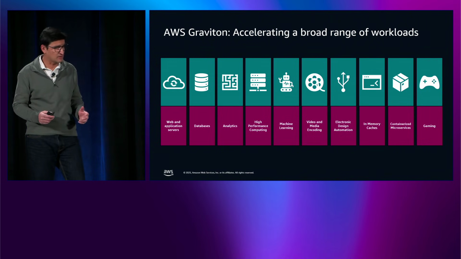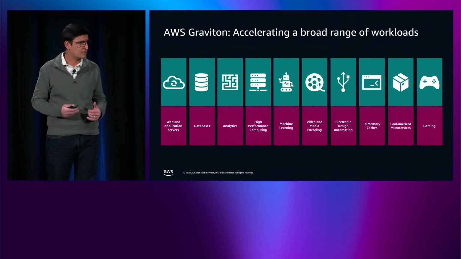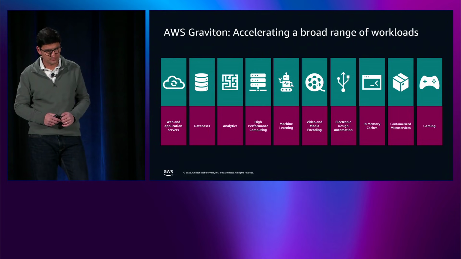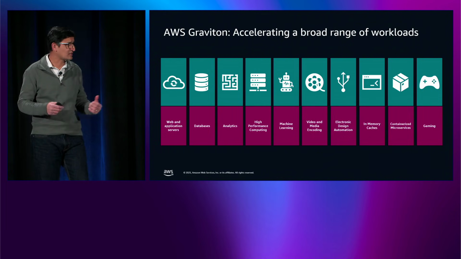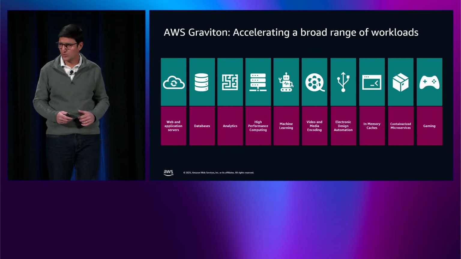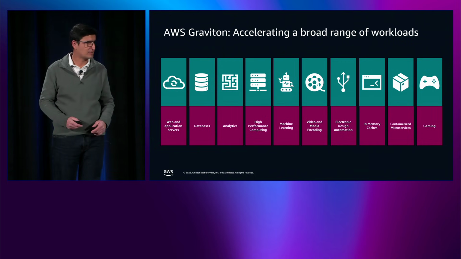It's widely adopted for multiple workloads, including data processing, like Spark, EMR, any C++ applications, workloads like containerized microservices. And we are seeing a lot of our 90,000 customers deploying all of these applications on Graviton today.